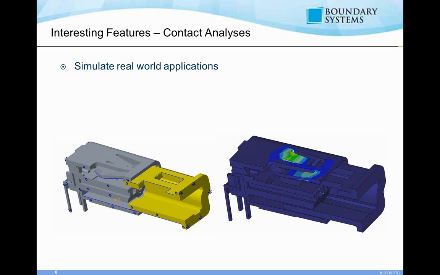Well, if you have a case where that assumption is invalid because that's technically not true in reality, the way you would account for that is by using contact analyses. One of the applications for that is simulating, for example, snap fits. We'll show you an example of how to do that, where you can begin to simulate more real-world applications, like, okay, I'm pushing this component against this other one, how much force is experienced and how much stress does the other part experience as well.